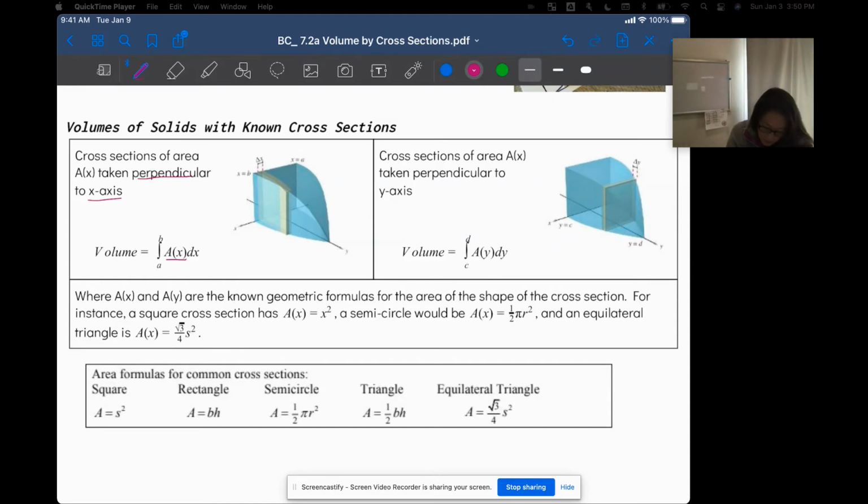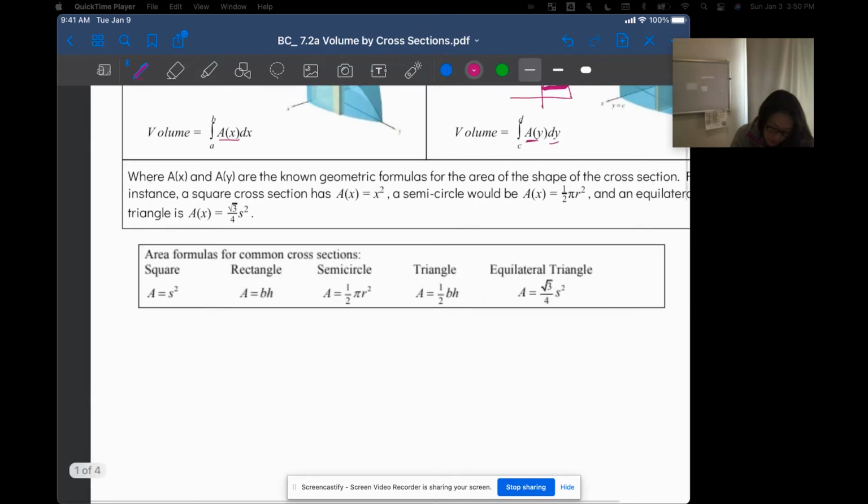If the cross section is perpendicular to the y-axis, then we're going to take the area with respect to y. And we're going to do some examples here.